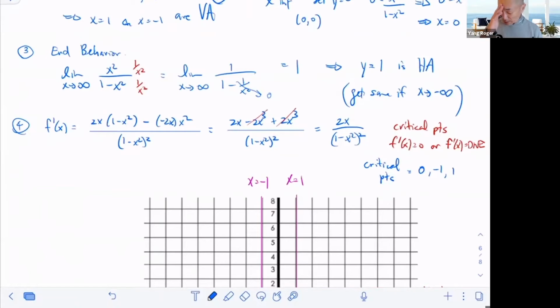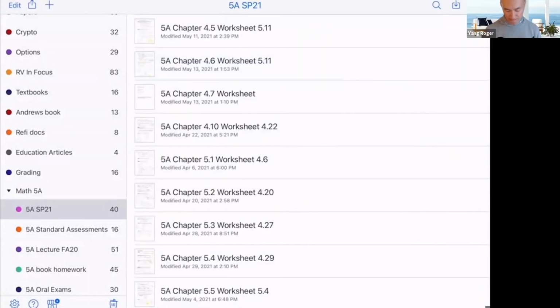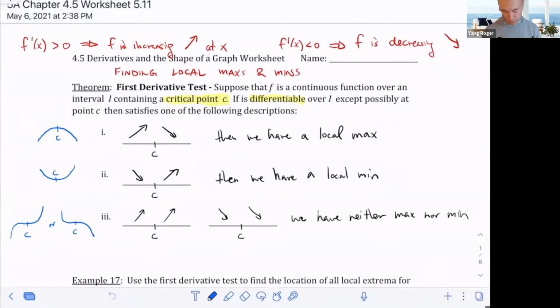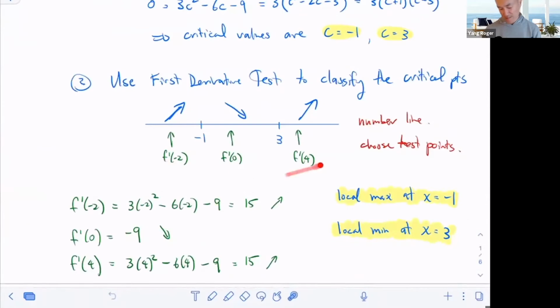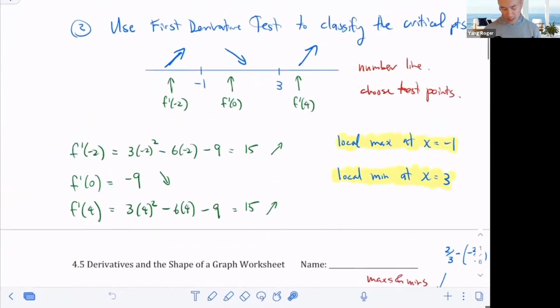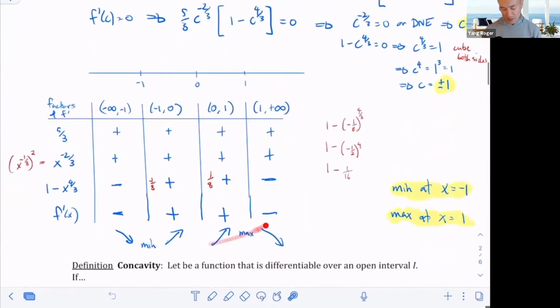If you recall last class, I taught you a couple different ways to do the increasing, decreasing information. The first way I showed you is with test points, and a lot of students like to use test points. The second way used a table, which I like, but my students seem to not like.